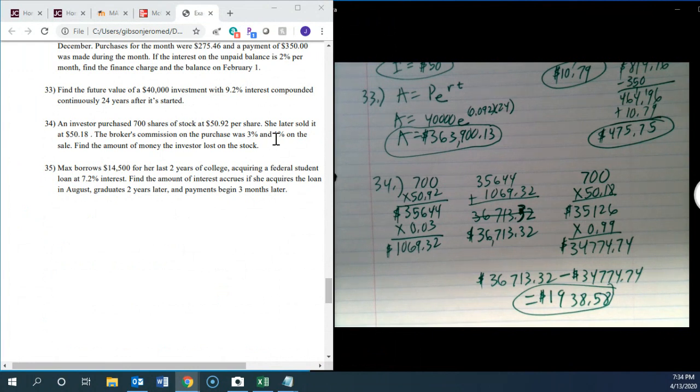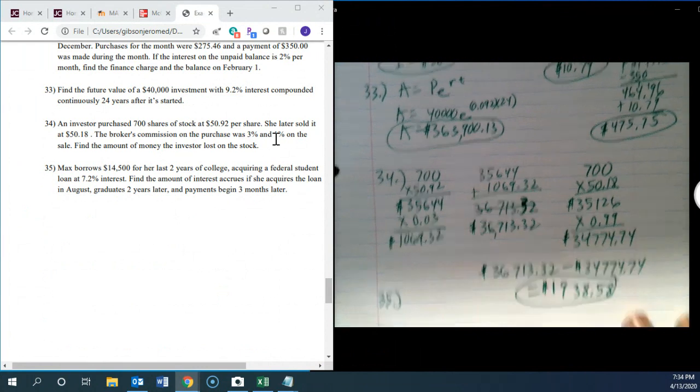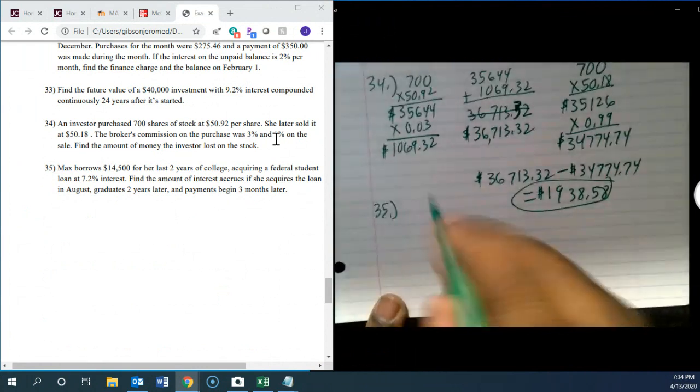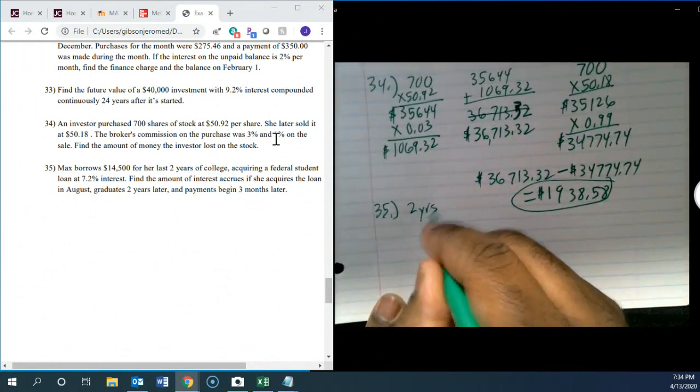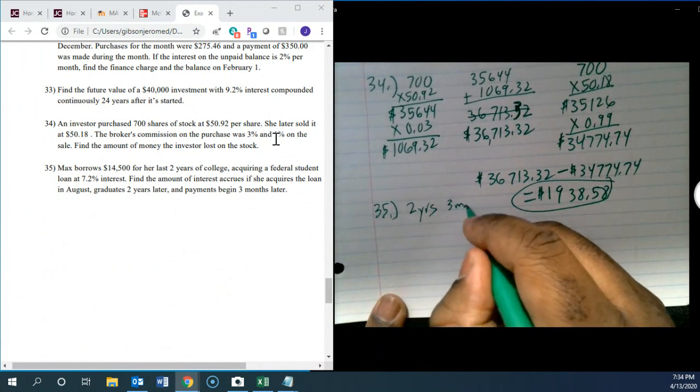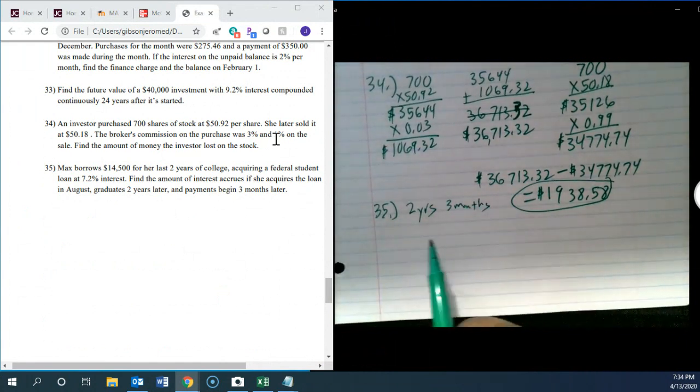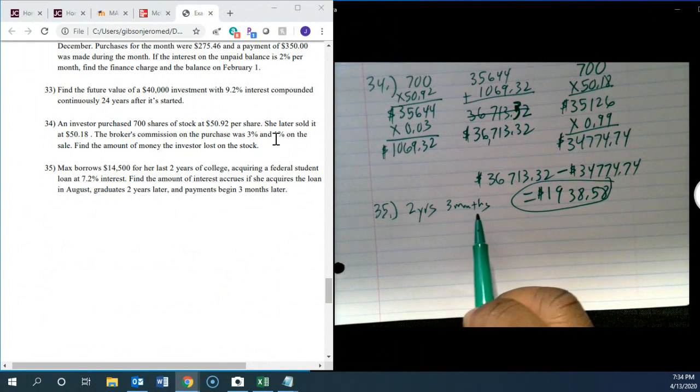Okay, so this is the thing here. It tells us for problem 35 that she graduated in 2 years, but payments don't start until 3 months later. So basically her payments will start after 2 years and 3 months.